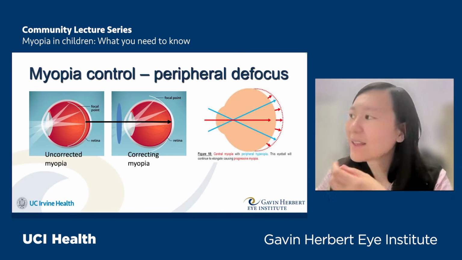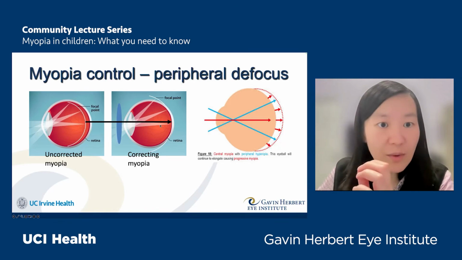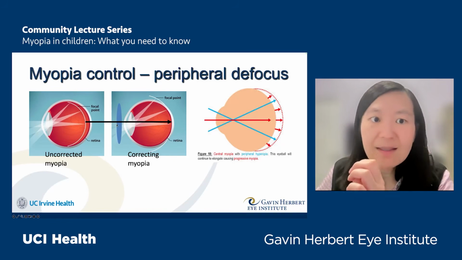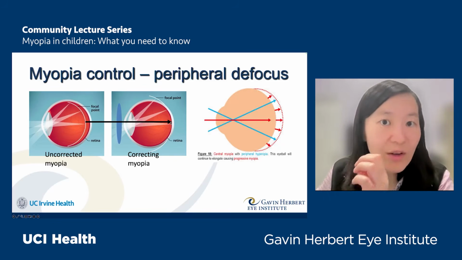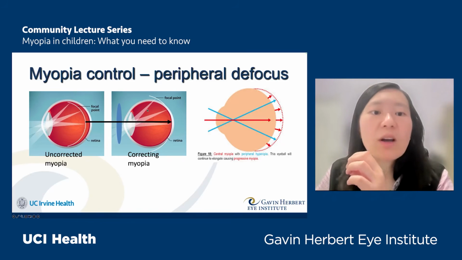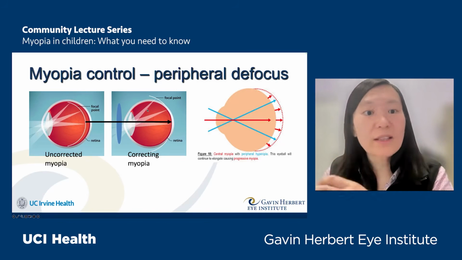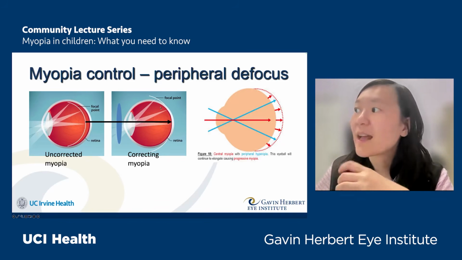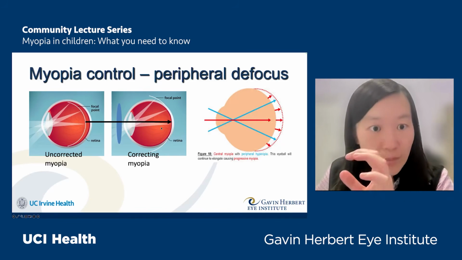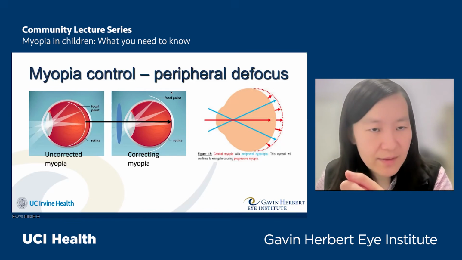In reality, it's defocused, meaning that in the fovea, in the center part of the retina, the myopic glasses focuses the light right onto where it needs to be. However, in the periphery, it actually goes beyond. So the glasses are too strong for the correct focus when it goes outside of that central viewing area. And this is what we mean by peripheral defocus.